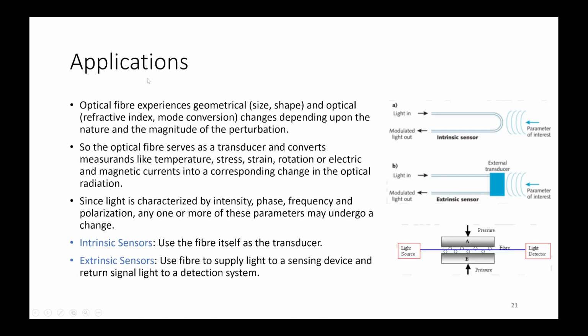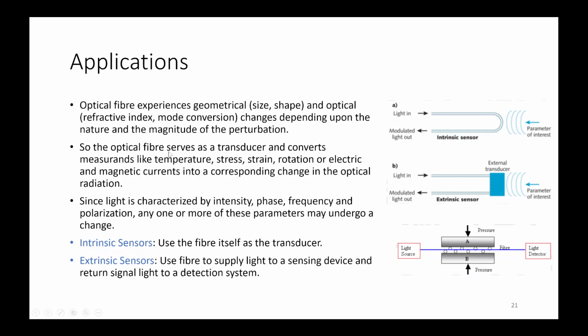Now the applications of optical fiber. This fiber experiences geometrical, size, shape and optical changes, depending on the nature and magnitude of perturbation. For example, if there is a change in refractive index because of stress or any other parameters, this can be converted and read, and used as sensors.